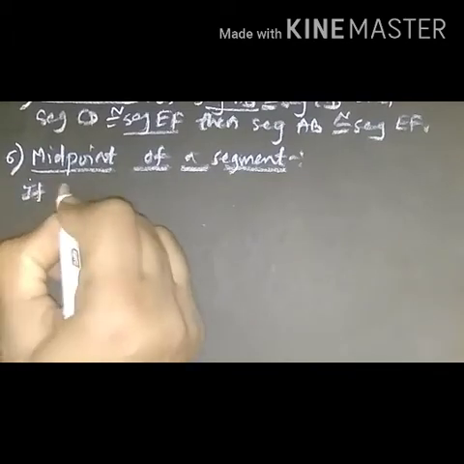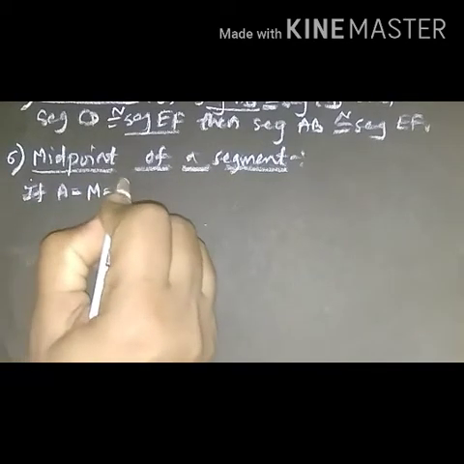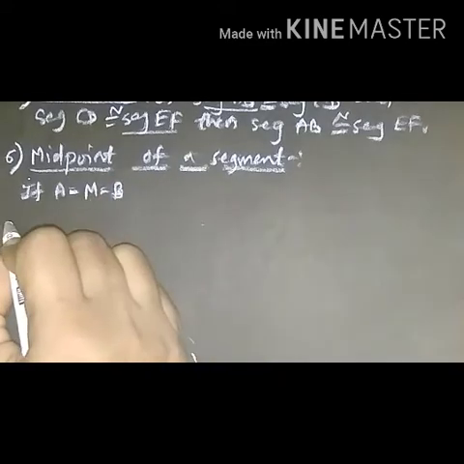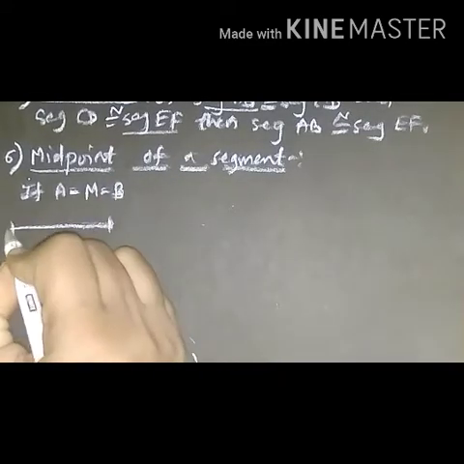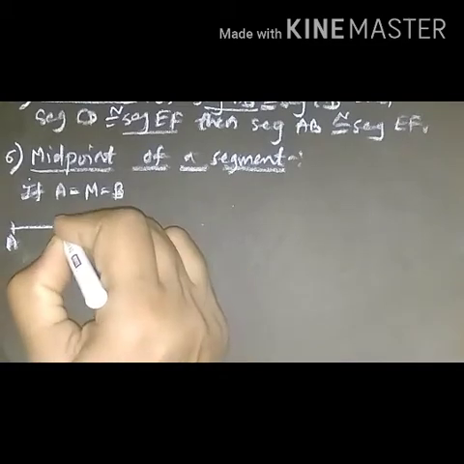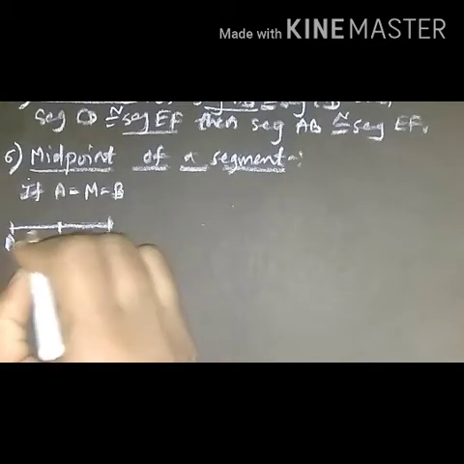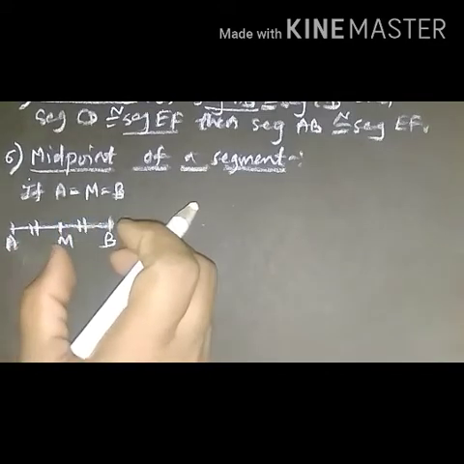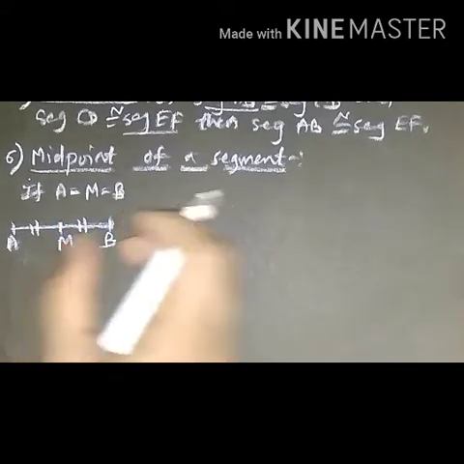If A-M-B, it means that all these 3 points are collinear and M is between the points A and B. Here M is the midpoint which is equidistant from A and B. So it makes two equal parts, AM is equal to MB.